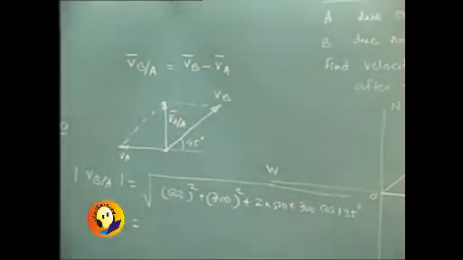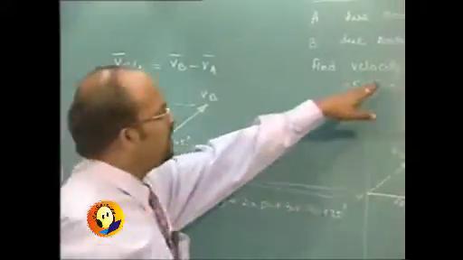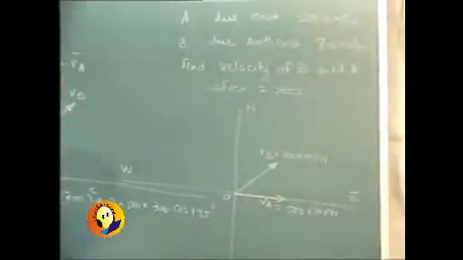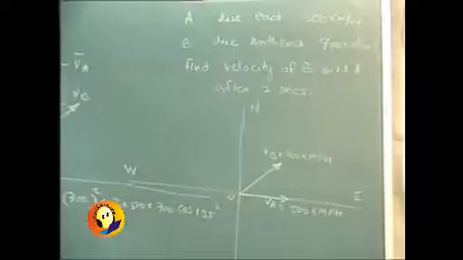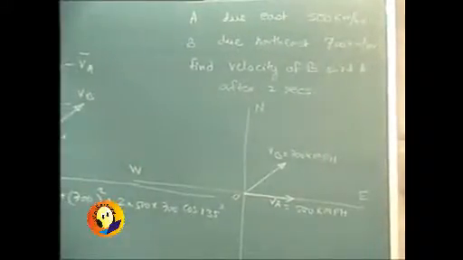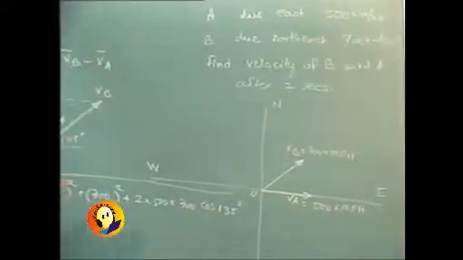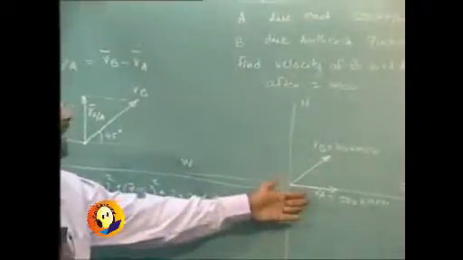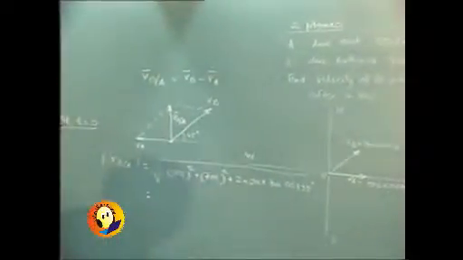Now he is asking us to find the velocity of B with respect to A after 2 seconds. After 2 seconds also the velocity is going to remain the same, because the velocity of B is not changing, it's a constant velocity. Velocity of A is not changing, it is a constant velocity.